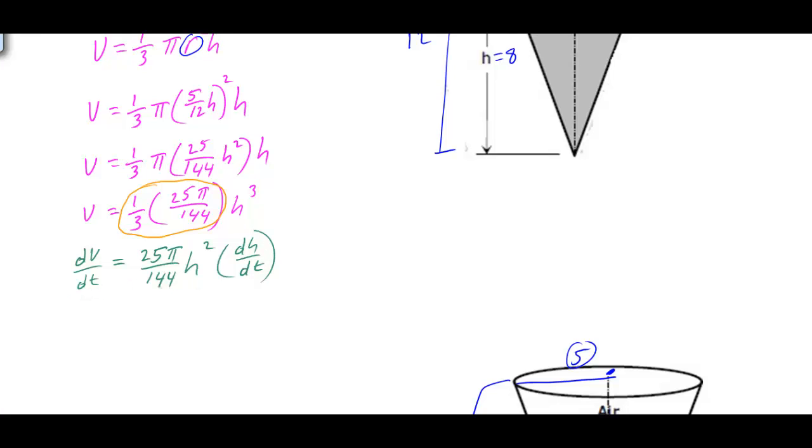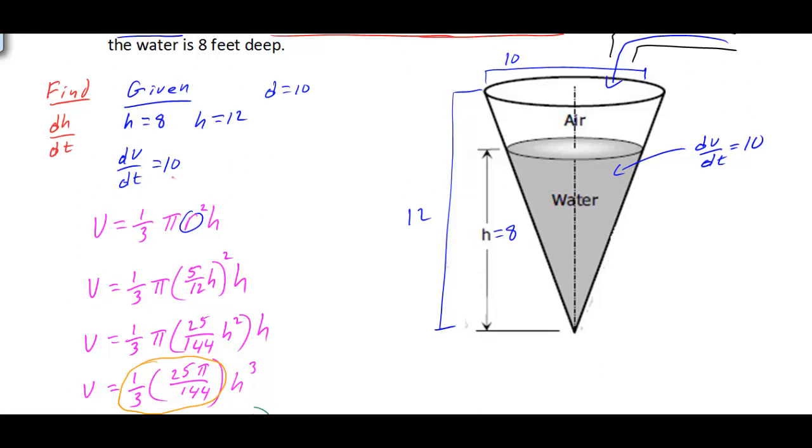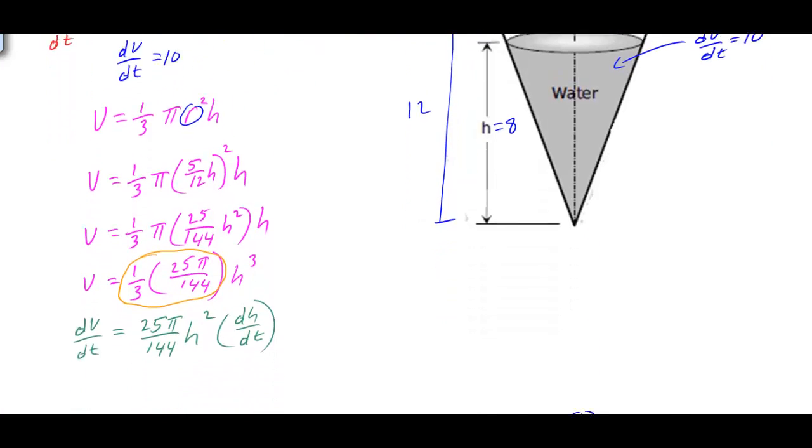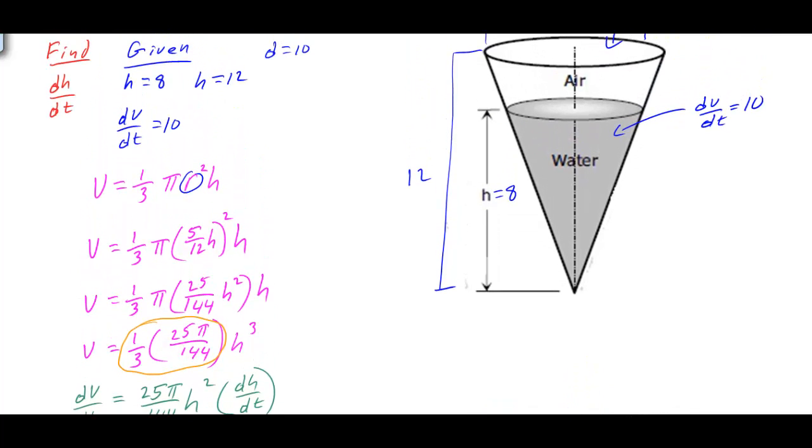So at this point we have our derivative, and now all we have to do is our substitution. So if we substitute in our given information up here, we had dV/dt is 10, equals 25 pi over 144 times the height. And our height, remember, the given height of the water at this point is 8.